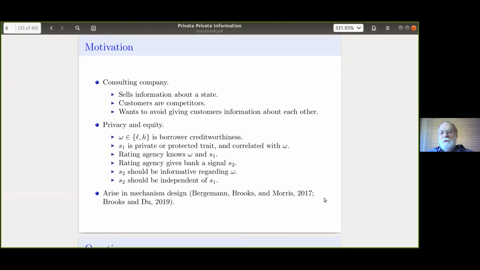Can I ask a question? Of course. So the fact that the rating agency knows S1 is immaterial because it cannot send a signal that is conditioned on S1. The distribution of the signal can depend only on omega, not on S1. Well, it's more subtle than that. It has to be independent.